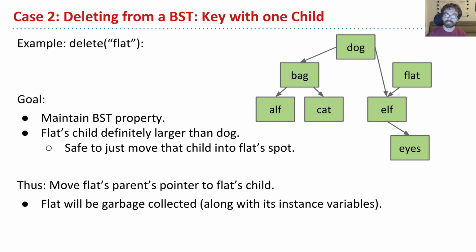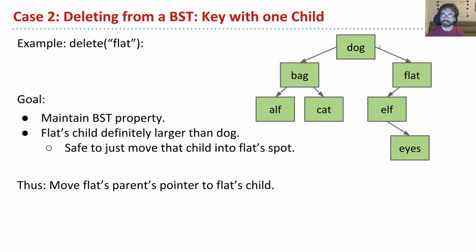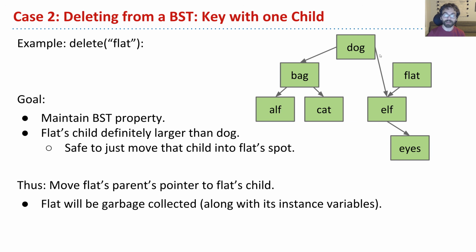We can take whoever my parent was, and we can point that parent at my child if I'm getting deleted. You might say, does that mean we need some kind of pointer back up to my parent so I know how to set their value? It turns out there's a clever way to write this code recursively so that it is not necessary to have pointers back up, but I will leave that as an exercise for those of you who are curious.